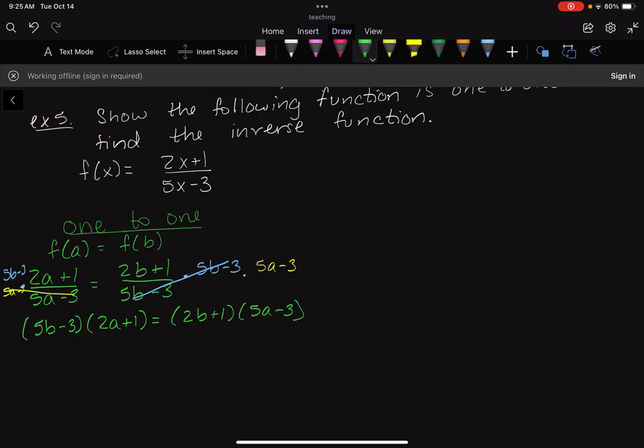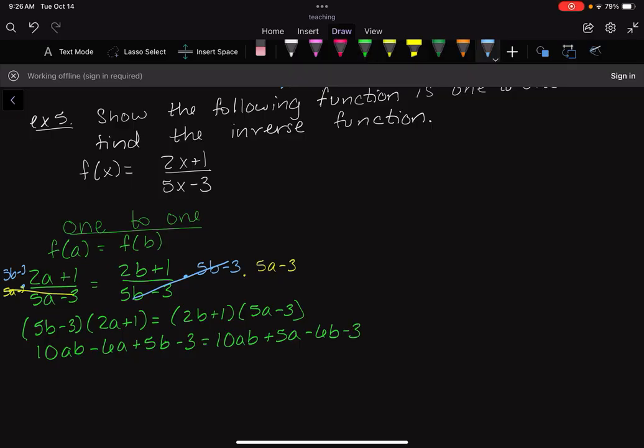Now I'm going to distribute. So if I distribute this, I get 10ab minus 6a plus 5b minus 3 equals 10ab plus 5a minus 6b minus 3.